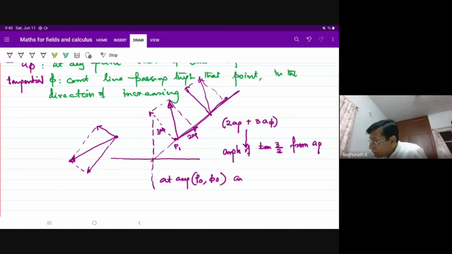The angle is phi naught plus tan inverse of 3/2, correct? The radial line is at an angle of phi naught, and from the radial line the angle is tan inverse of 3/2. So the total angle is phi naught plus tan inverse of 3/2. So if phi naught changes for the same vector, the direction will change. I want you to think and check whether the statement is correct or not.